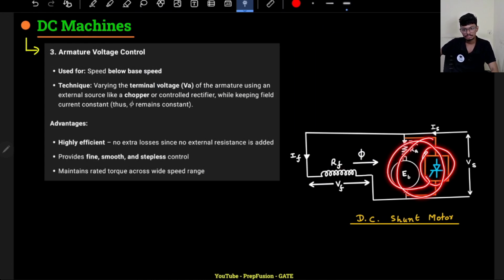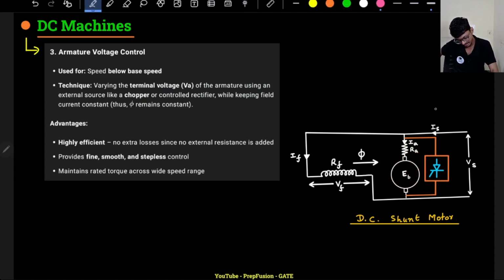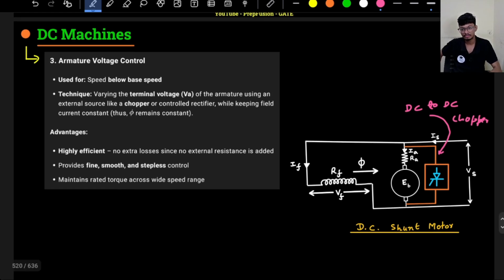Let's say it is a DC to DC converter or DC to DC chopper. So generally we use a DC to DC chopper. The only advantage is energy will not be wasted in the R external, right? Here we are not connecting an external resistance. We are connecting a chopper, a power electronic device that will control the voltage.